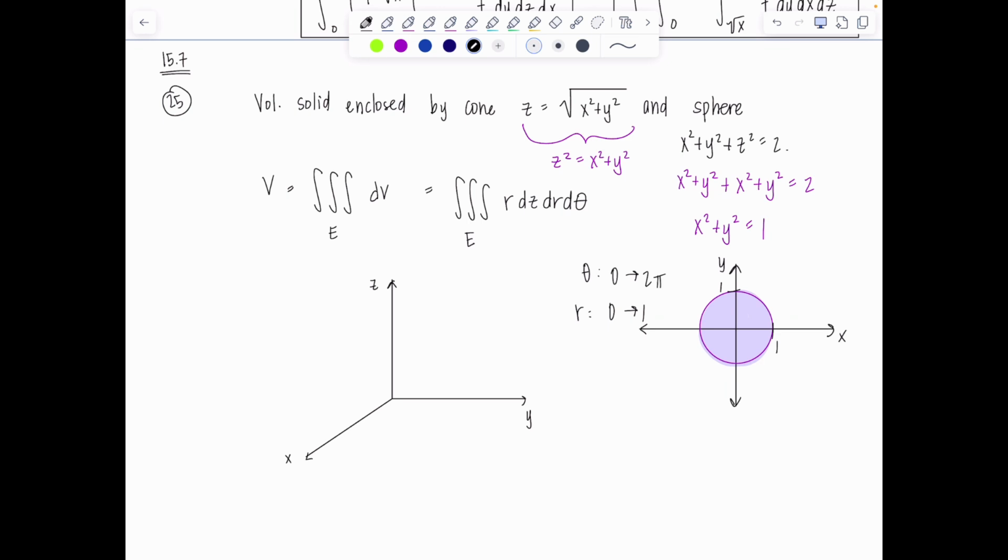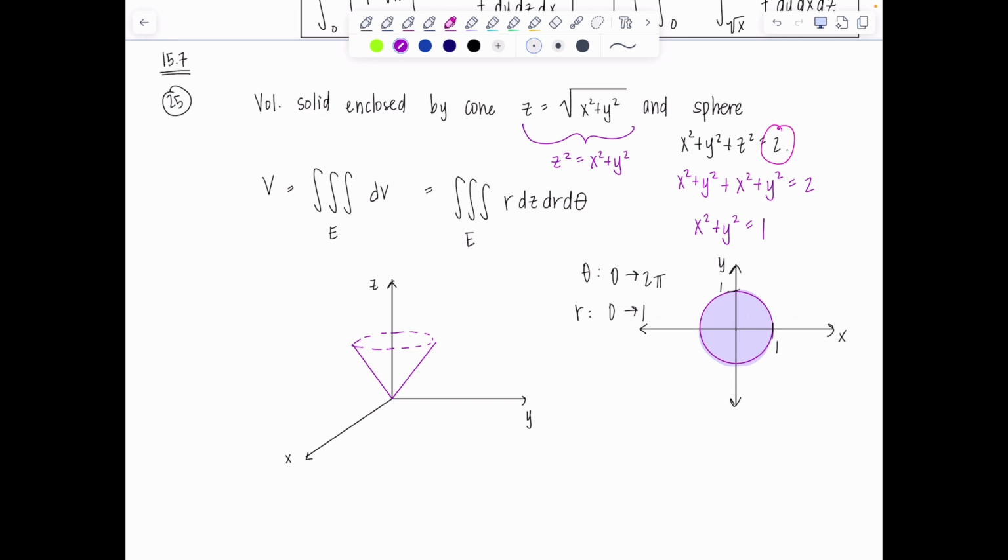It's only the top half of the cone, right? Because we only have the positive radical. So it's opening upward. And then the sphere, that looks terrible. The sphere's radius is what?